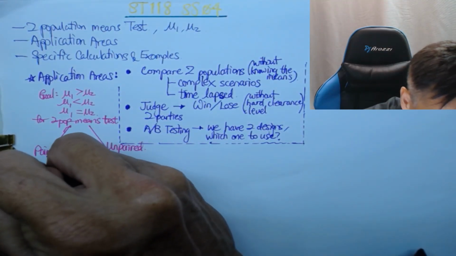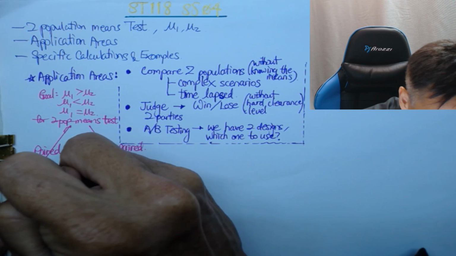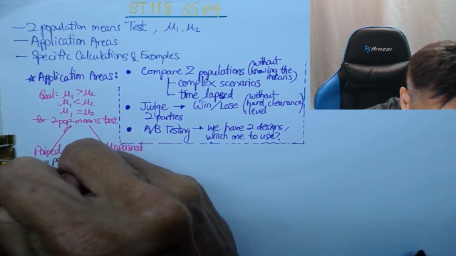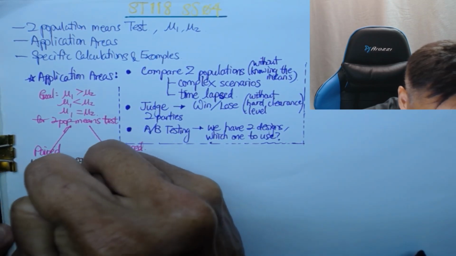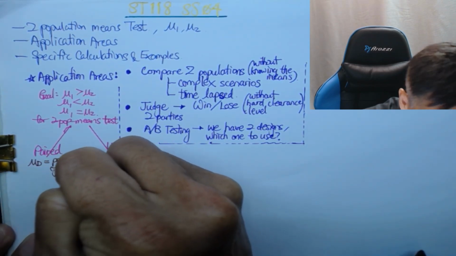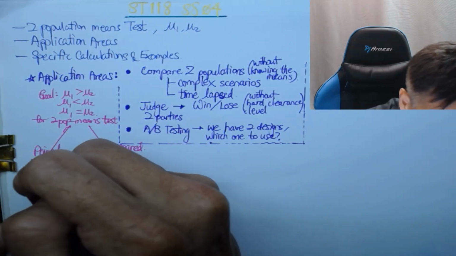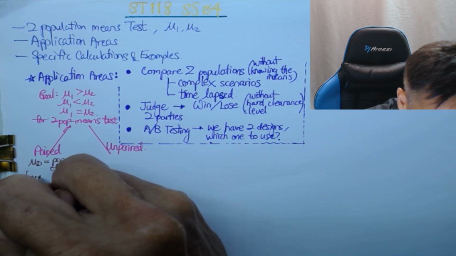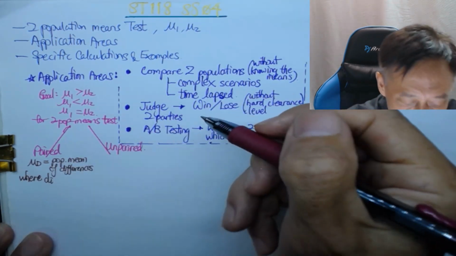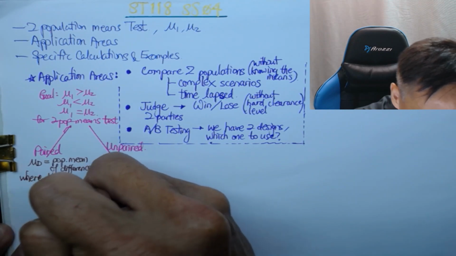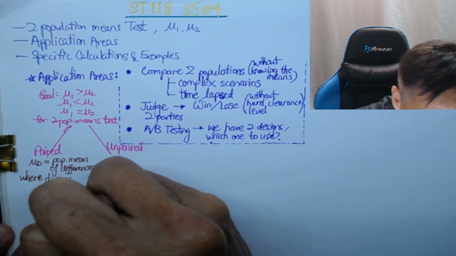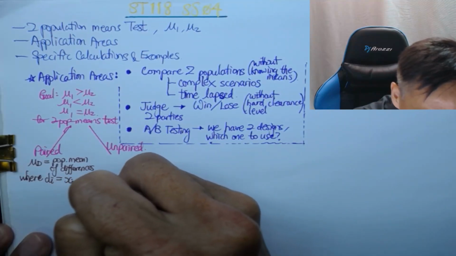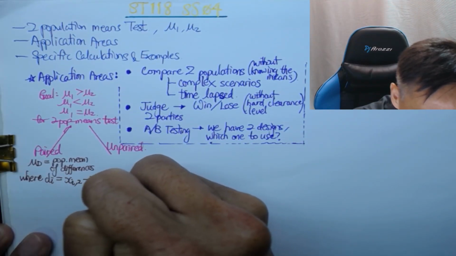So mu d is the population mean of differences, where each of the di, right, is the xi of population 2 minus the corresponding xi of population 1.